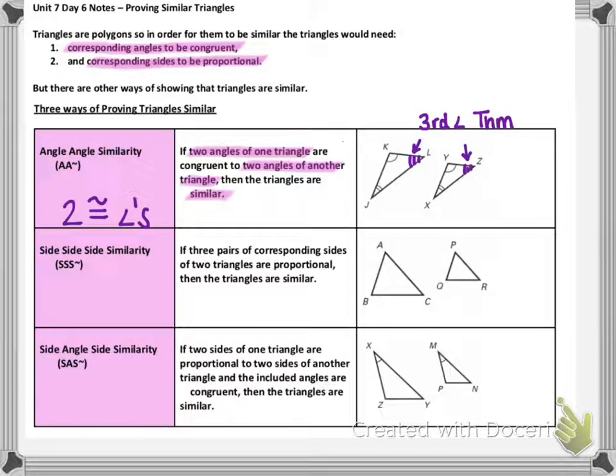Now for side-side-side similarity, it's kind of like side-side-side congruence, except instead of having all the sides congruent, I need three pairs of corresponding sides to be proportional. So here's how that would look.